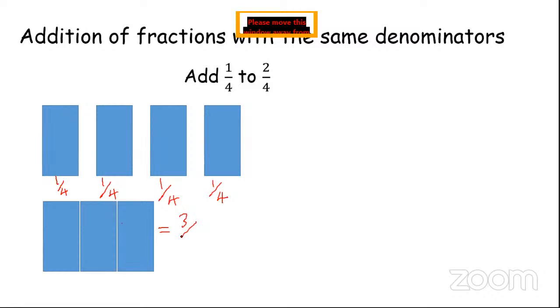So this would be 3 quarters. So it would also be the same as getting 1/4 plus 2/4. Since the denominator is the same, we get 4, and then 1 plus 2, and this gives us 3 quarters.